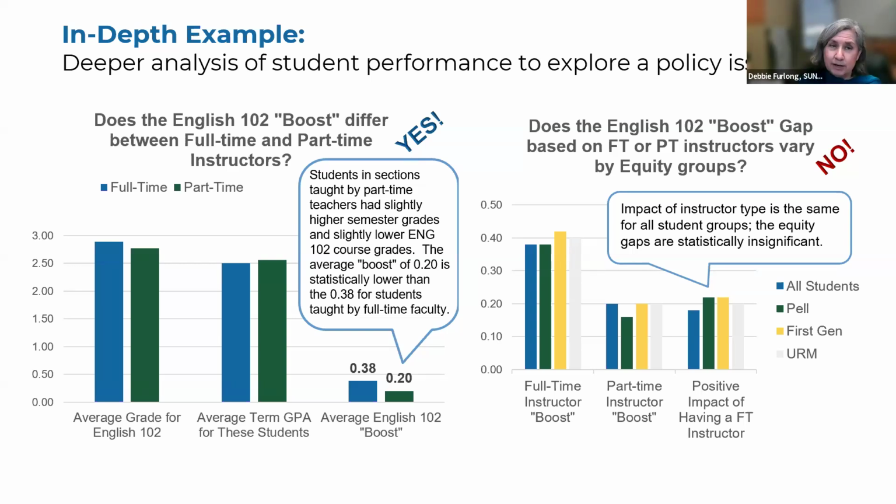So even though having a part-time teacher is a bit of a disadvantage, the size of that disadvantage doesn't vary based on the attributes of the student. So what we have here is possibly a pedagogy issue, but not necessarily an equity issue. So that's my illustration of how digging deeper can help you understand the scope and shape of some differences in your data.